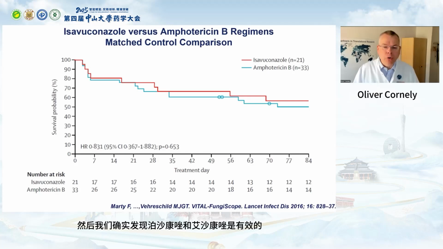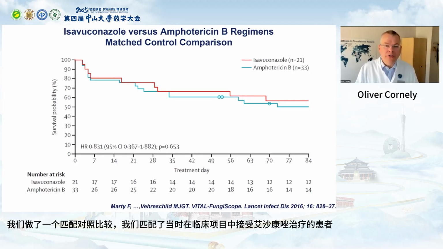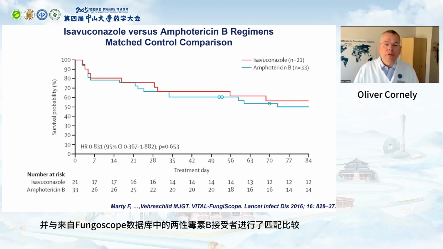We did a matched control comparison where we matched cases, patients who received isavuconazole in the program of the developer back then. And we did a matched comparison with amphotericin recipients from the Fungiscope database you may have heard of.